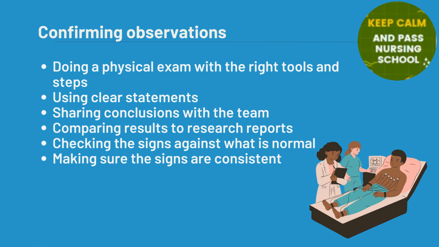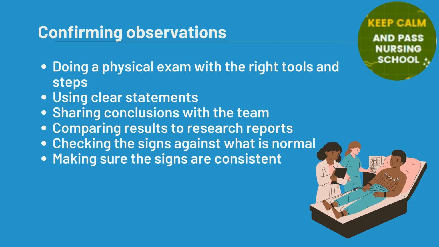So, to help you better understand, cues are the facts or signs you observe, like high temperatures or the patient saying that they feel dizzy. This is what you've observed. And inferences are basically the conclusions you draw from those cues, like thinking the patient might have an infection because of the fever.